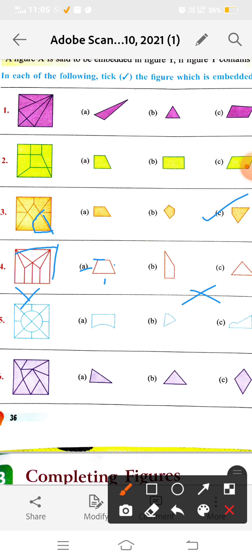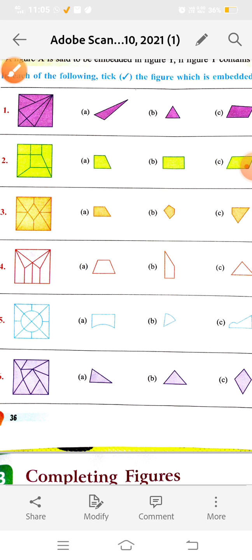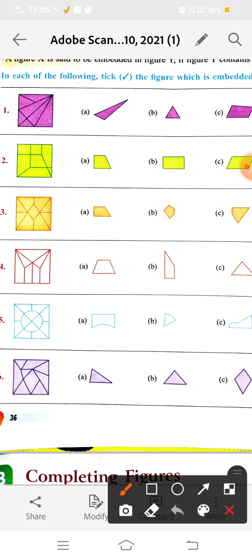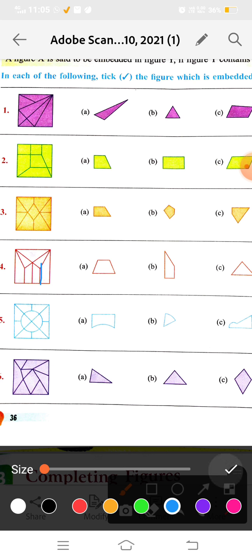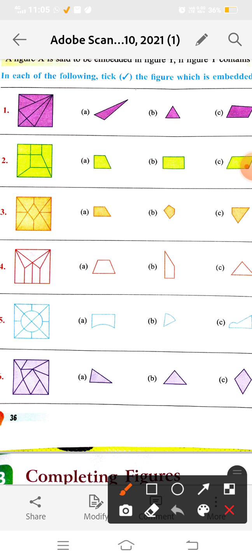A rectangular type shape we have in this figure, so this option should not be our answer. And this option number B is similar to, I think, this portion.